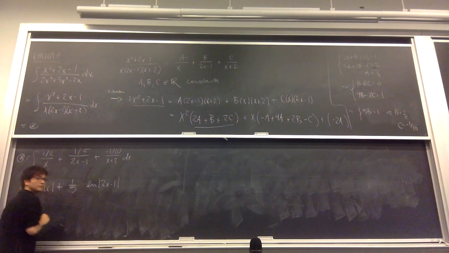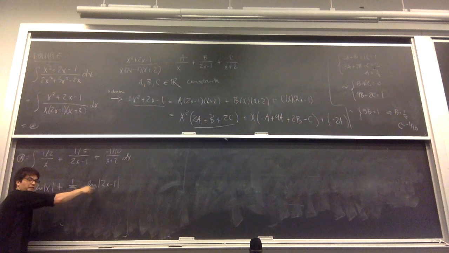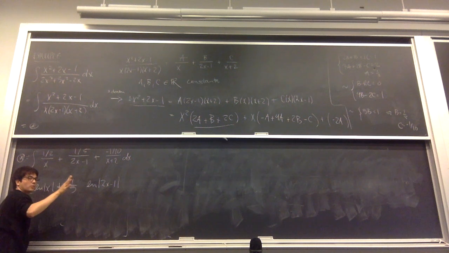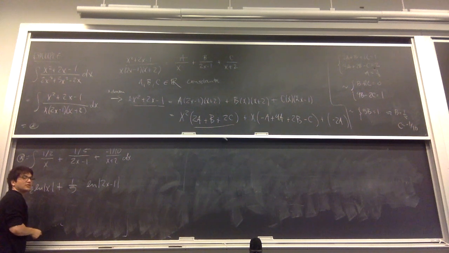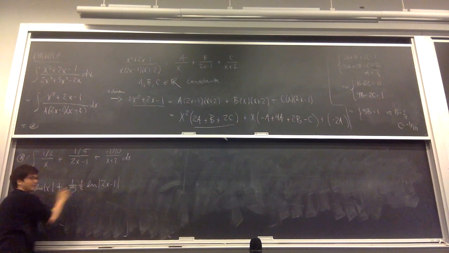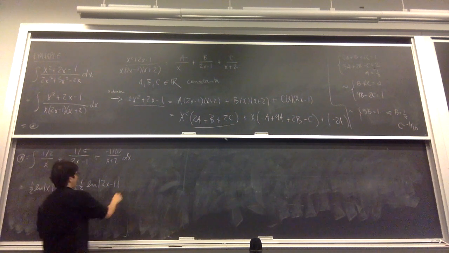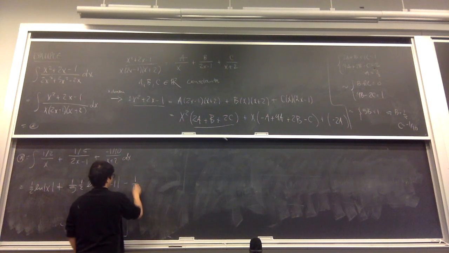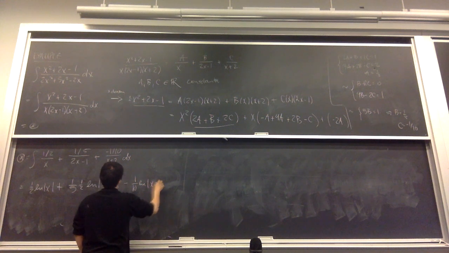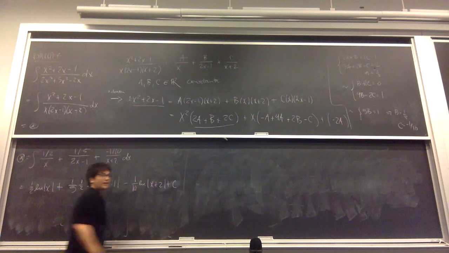Okay, but if I take the derivative of this, I get 1 over 2x minus 1 times 2. So it's 2/5. Well, I have to half. That eliminates the extra 2. And then you get minus a tenth ln absolute value x plus 2 plus c.